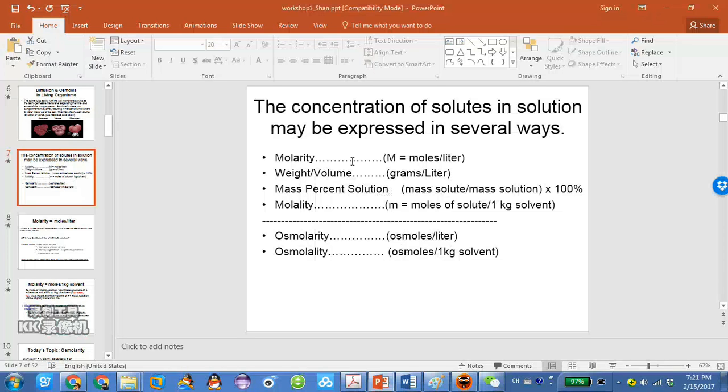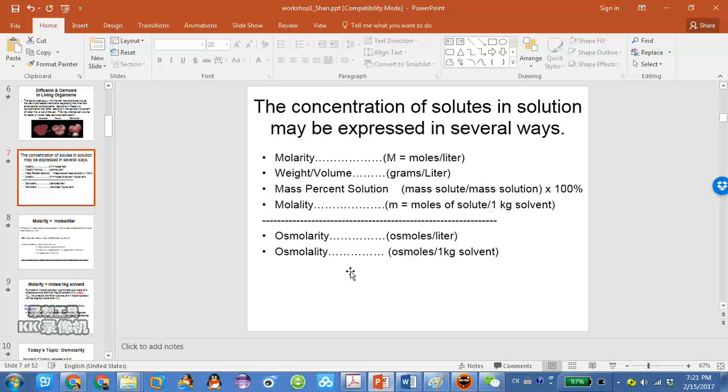The difference between molarity and molality is in the denominator. For molarity, the denominator is per liter of solution. But in molality, not only is the unit different, but also the part of the solution they're referring to is different as well. So in molality, instead of per liter of solution, they have 1 kilogram of solvent.